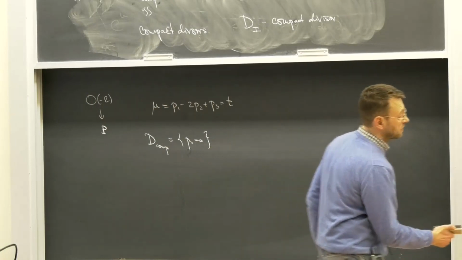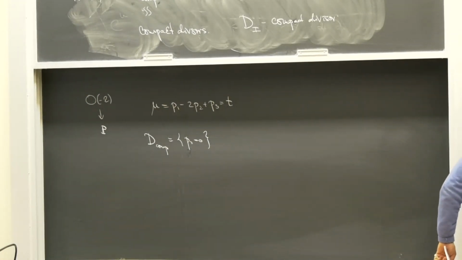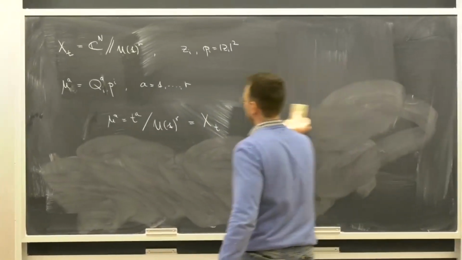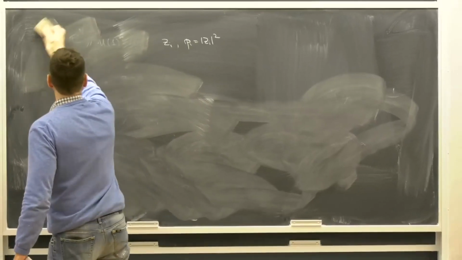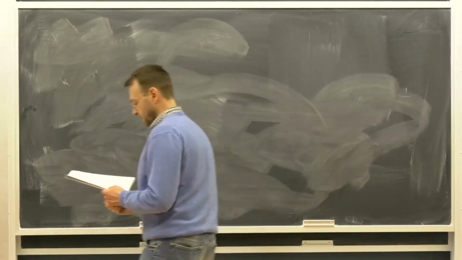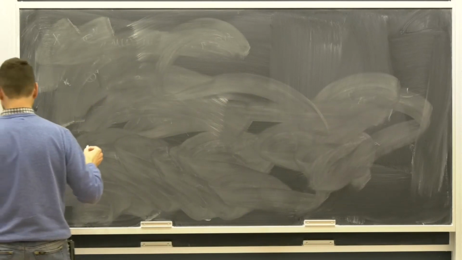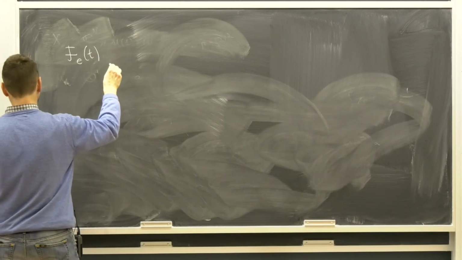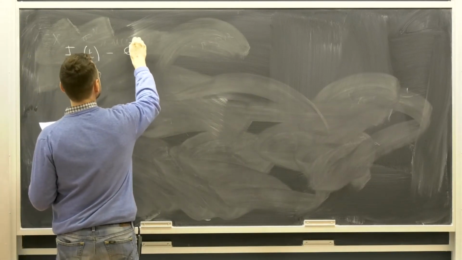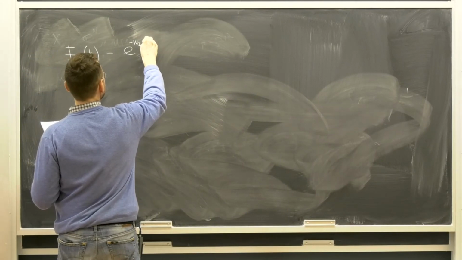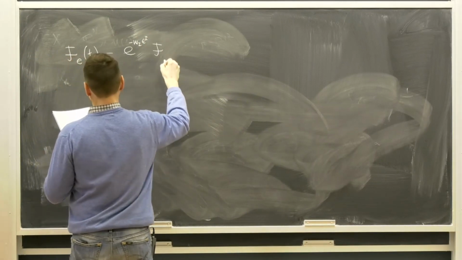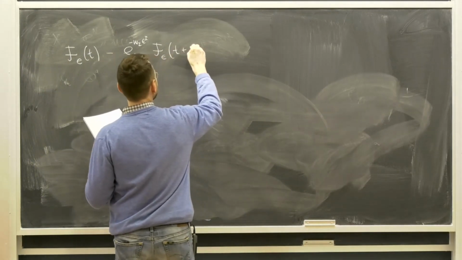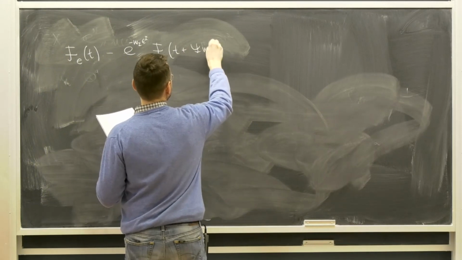So let me write the formula for you and then explain it. Basically the equation will satisfy the following. If you take f_epsilon of t, and then you shift, you will get e^(-m_i epsilon_i) f of, well, we call it m, I will just explain.